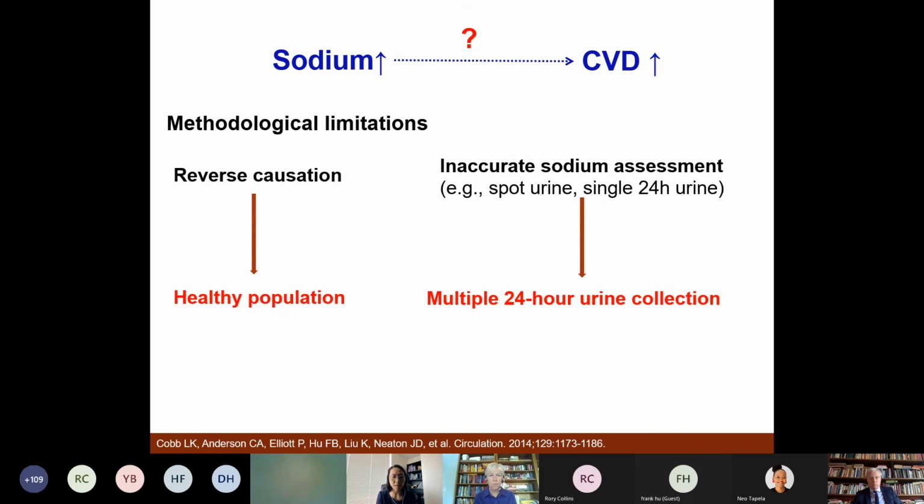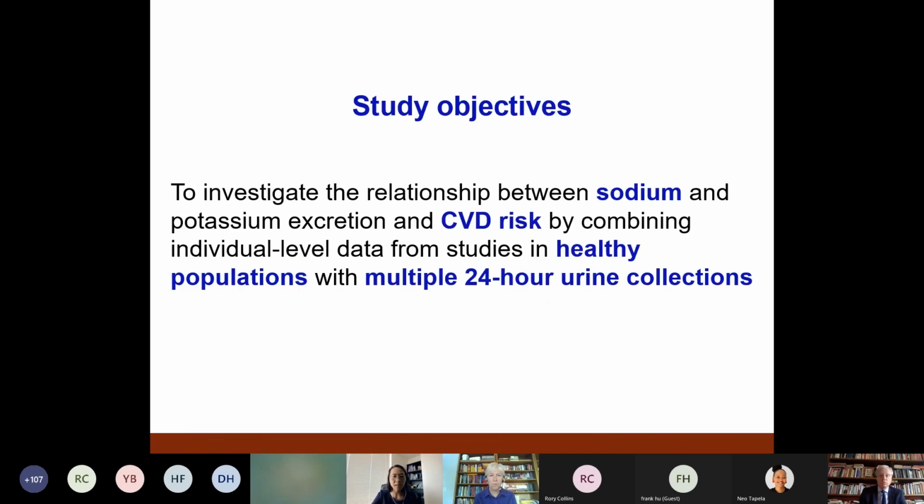And this makes most studies with multiple 24-hour urine collection underpowered to address the important question on sodium intake and cardiovascular risk. So in the current study, we investigated the relationship between sodium intake and cardiovascular risk by combining the individual data from studies conducted in healthy populations with multiple 24-hour urine collections.